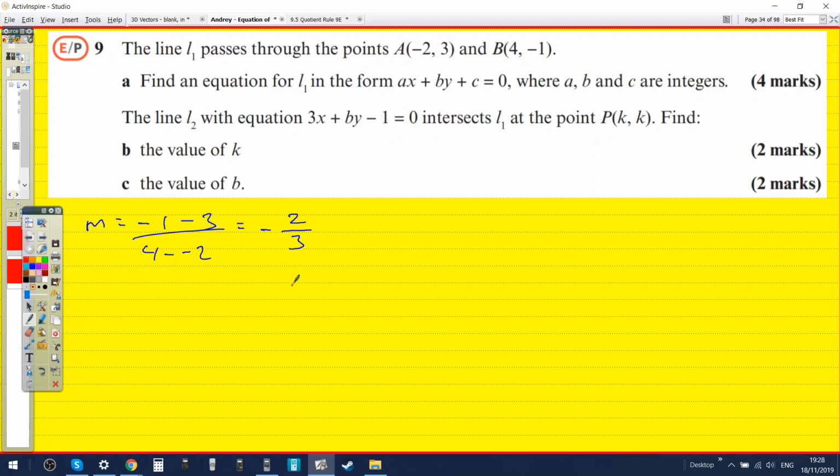And so that's the gradient. And so it's now y equals... Oh, and now I need to sub in an x and y, don't I? Mm-hmm. So I do 3 equals minus 2/3 times minus 2 plus c. And then I put that into my calculator. Yeah.